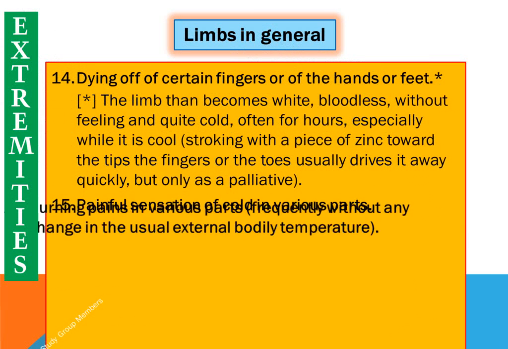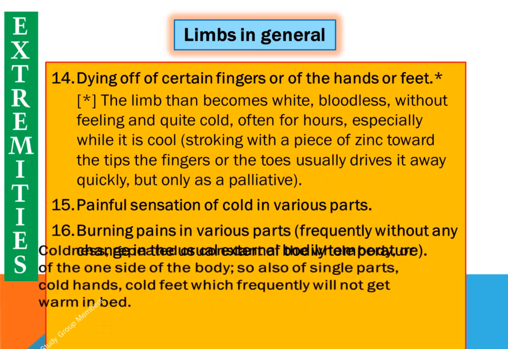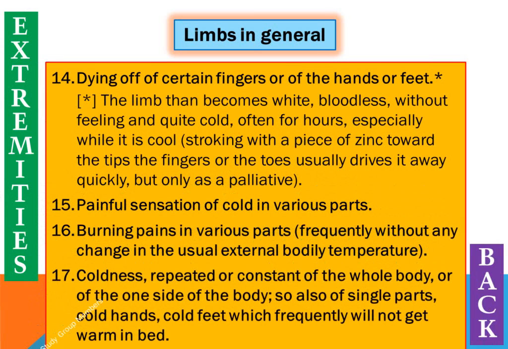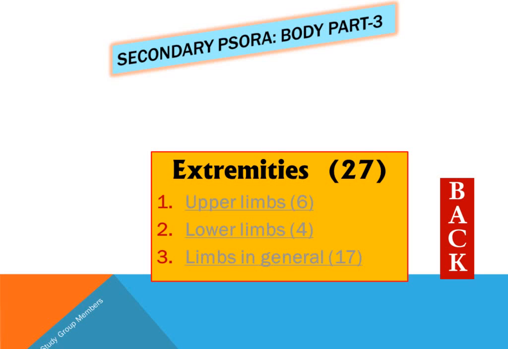The limb becomes white, bloodless. Now not only going to sleep, but these are symptoms having some sort of gangrenous tendencies. Then painful sensation of cold in various parts, burning pains in various parts, and coldness sensation. So these are the symptoms of limbs in general.